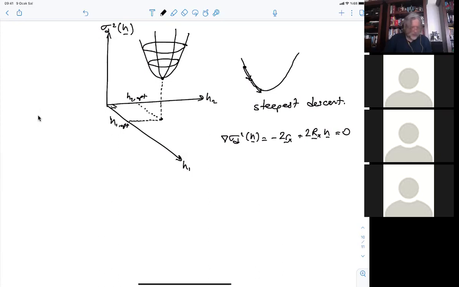But you can use this as a step size for updating your filter coefficients. Like in the previous stage of n, you had h of n.